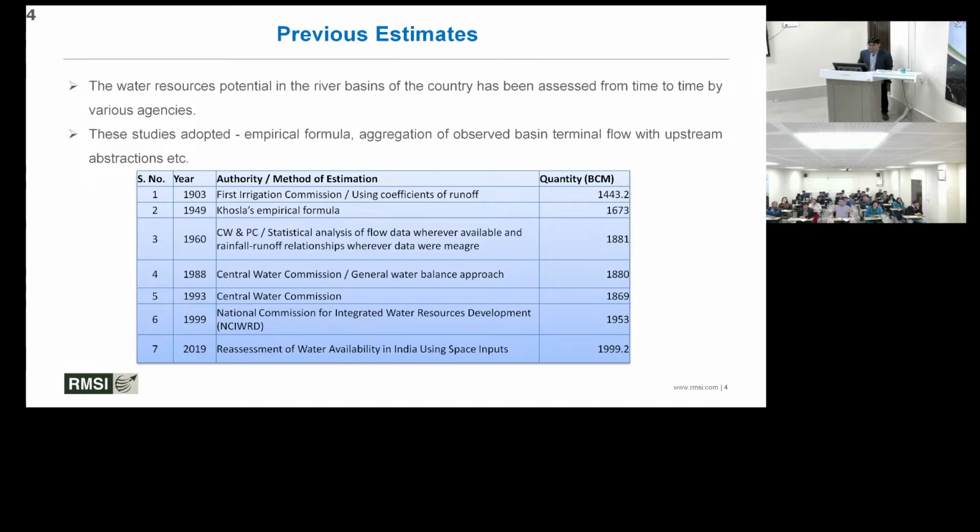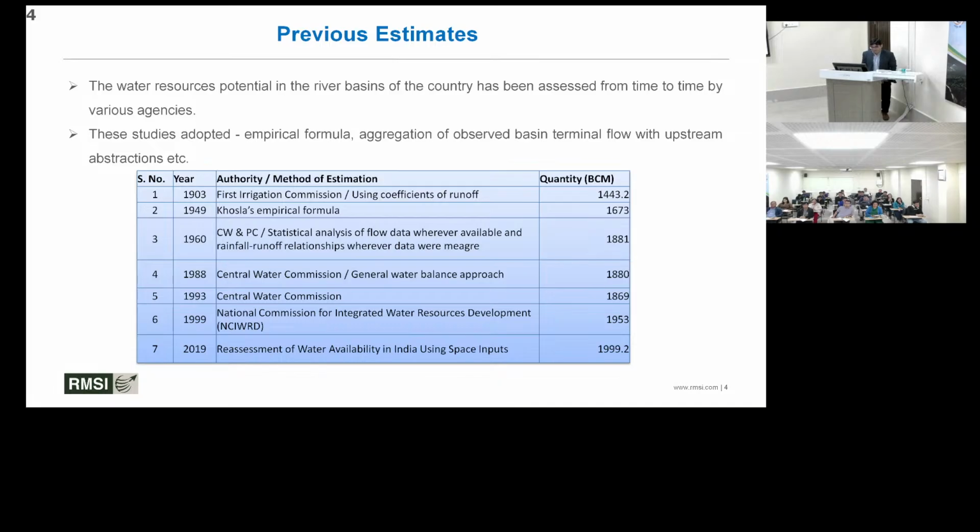The first estimation was in 1903, by the first Irrigation Commission, using an empirical formula, the coefficient of runoff. So it was a rough estimation. The water resources of India were then around 1440 in terms of BCM. BCM is the volume unit.